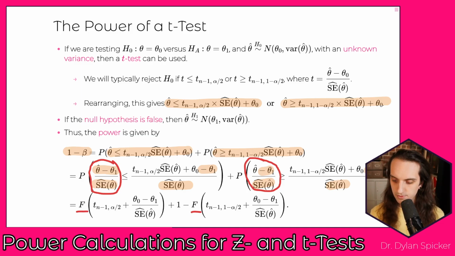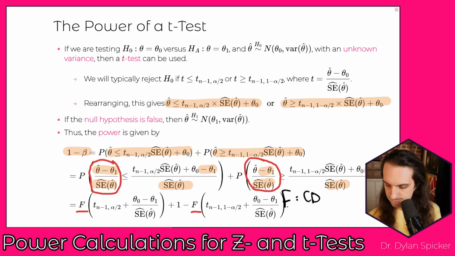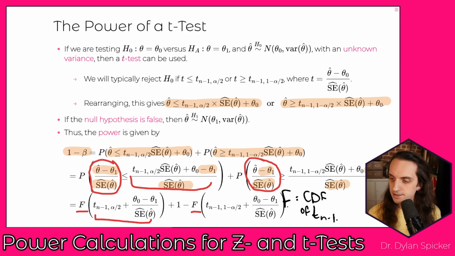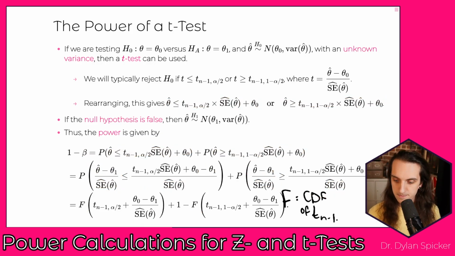So if we write that in down here, F is going to be the CDF of t_{n-1}. Then we get a very similar looking probability expression where we take what we had on the right-hand side and 1 minus what we have on the right-hand side. But otherwise, the math is equivalent.